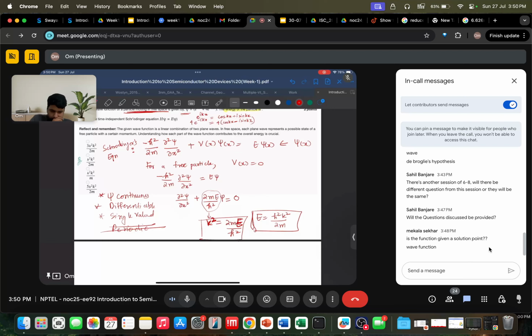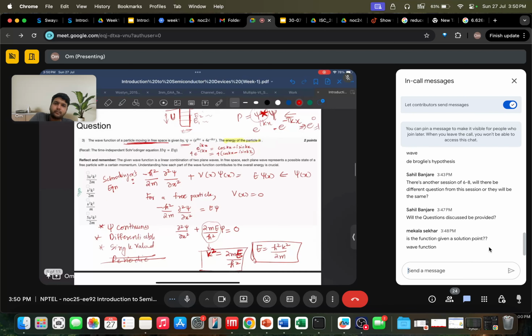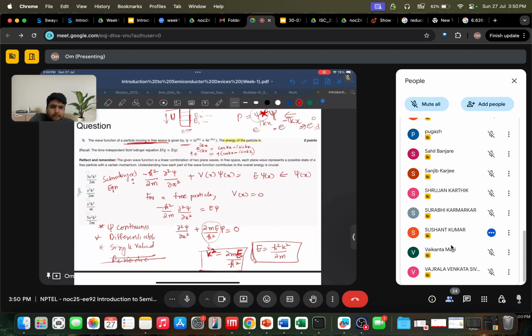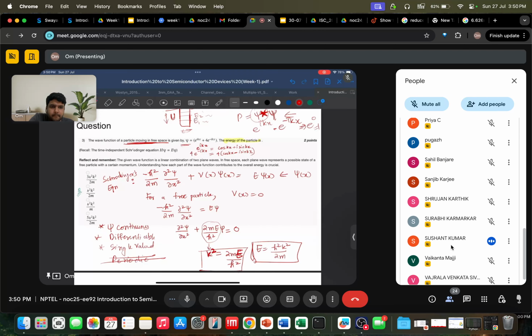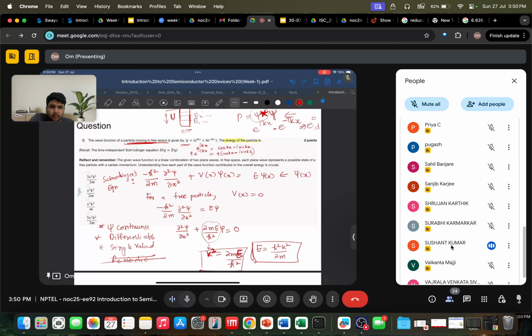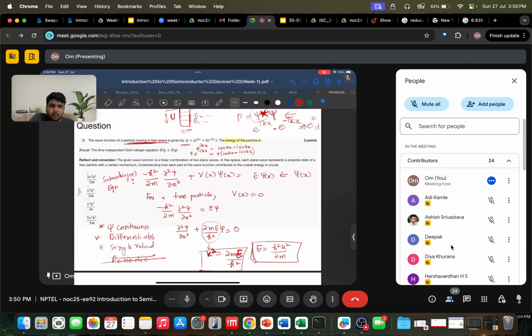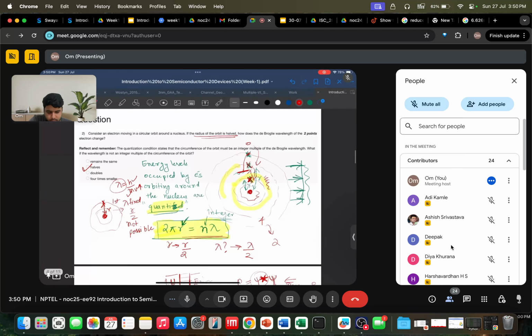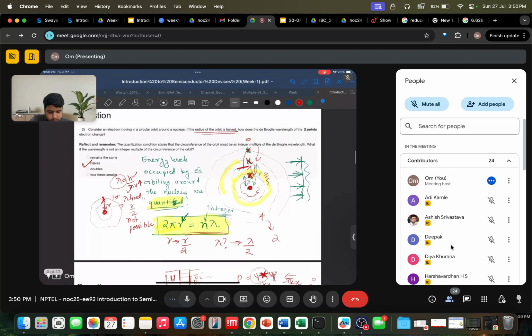Okay, is there any other doubt in this question? The Schrodinger equation does not say it needs to be periodic. It's not sure whether it needs to be periodic all the time; rather, it does not say anything.